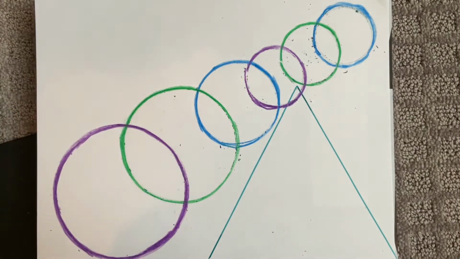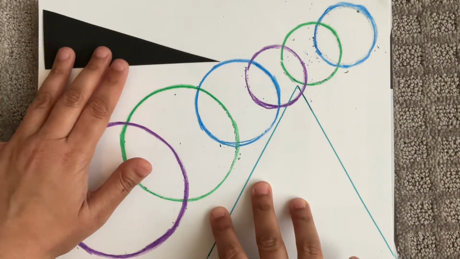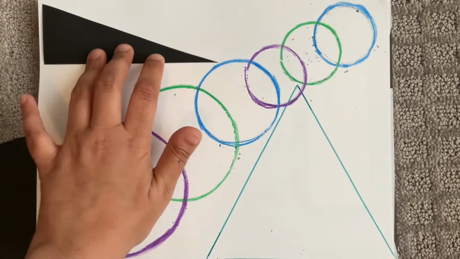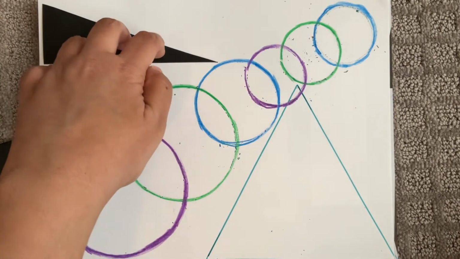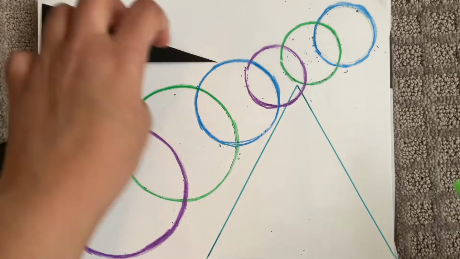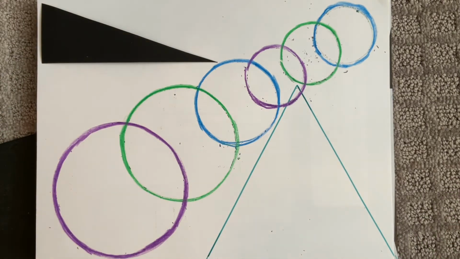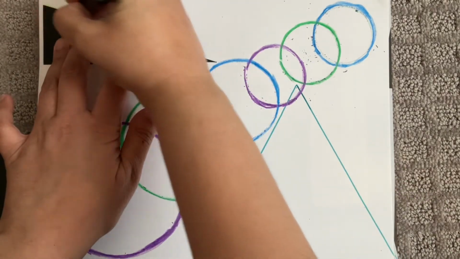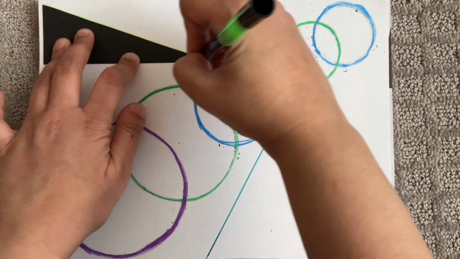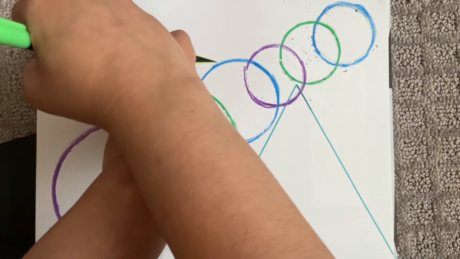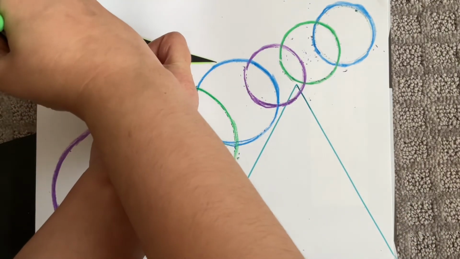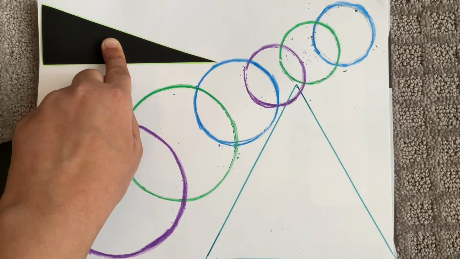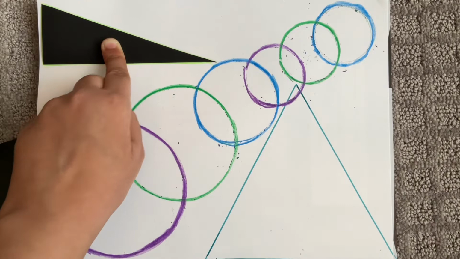There's some empty space here, right? So I think it would be cool if I had a triangle come attack the circles this way, come towards it. Let's do a shade of green, a neon kind of shade. Remember to hold that shape down with the opposite hand.